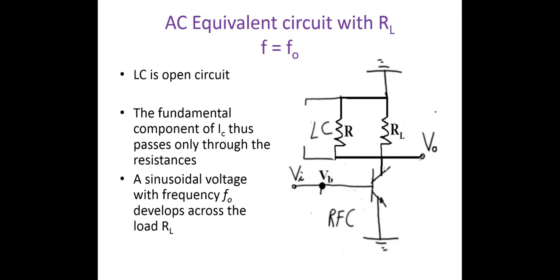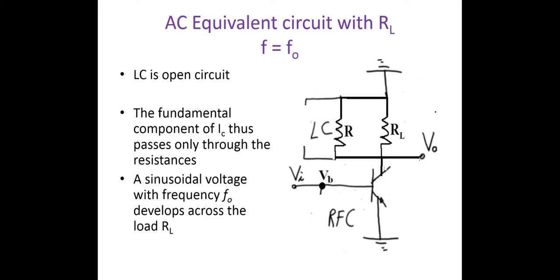So now we come to the AC equivalent circuit for f equal to f0. As you know, a shunt LC circuit is equivalent to an open circuit at a frequency equal to its resonant frequency.